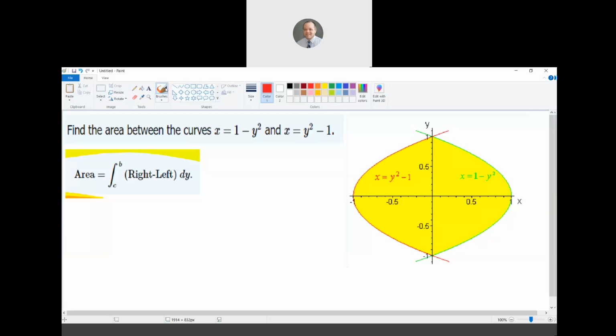Now it's kind of hard to see, I'm sorry, but this curve in green is actually x equal to 1 minus y squared. So that is actually the right curve.